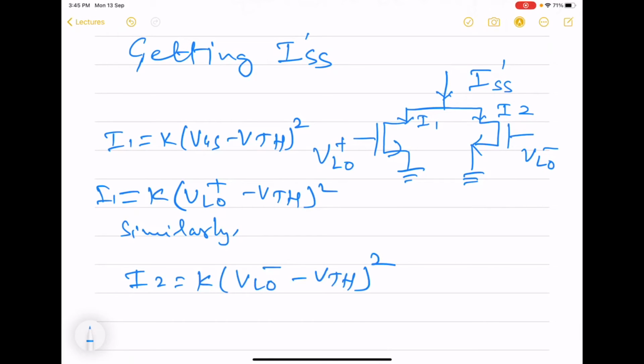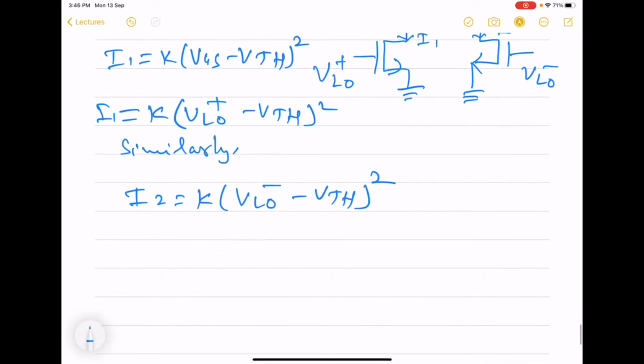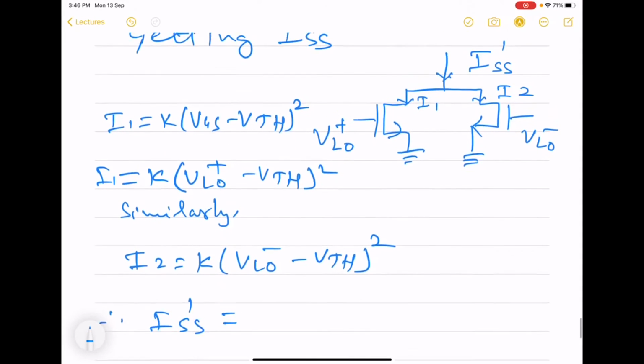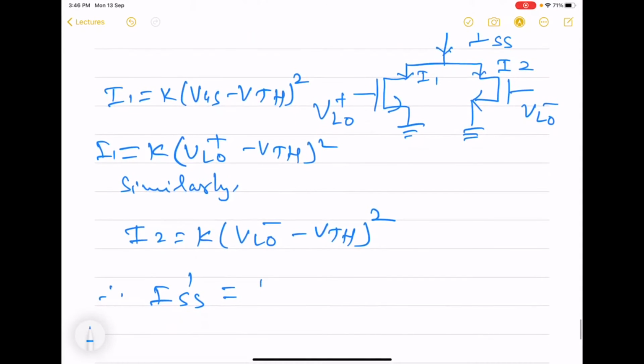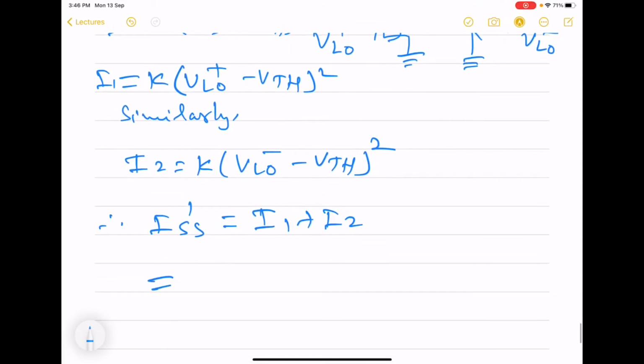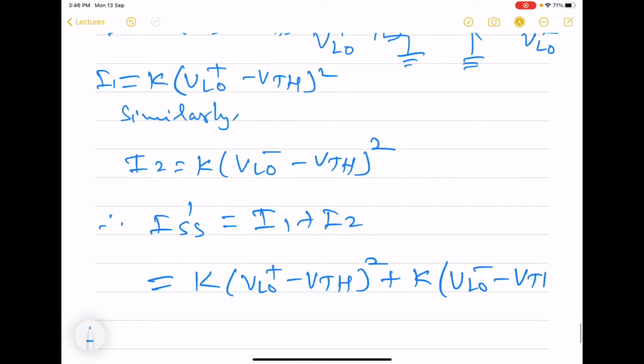So we have these two individual currents, and now we want to add them. Therefore, ISS dash as per the above circuit is I1 plus I2. So this becomes K into VLO plus minus VTH whole square plus K into VLO minus minus VTH whole square. So this is ISS dash.